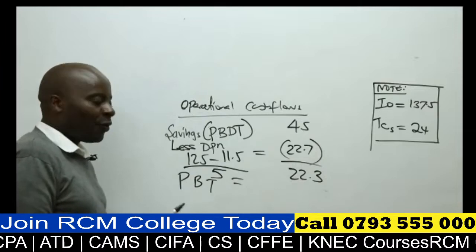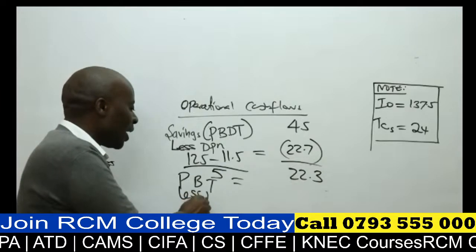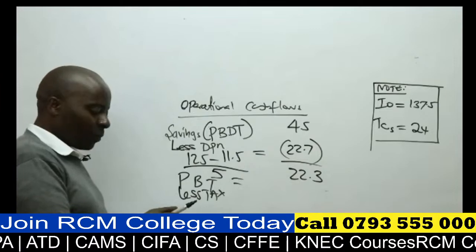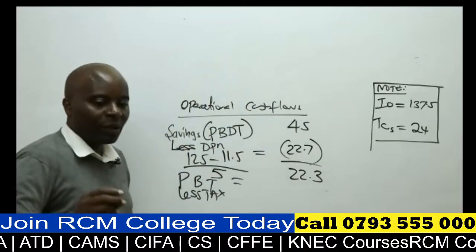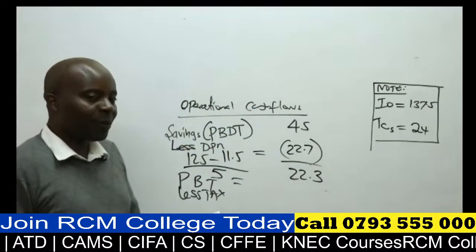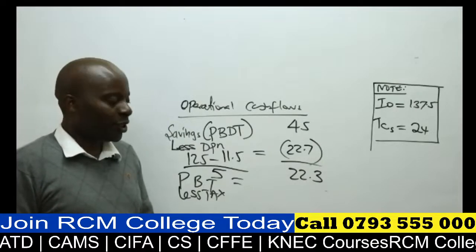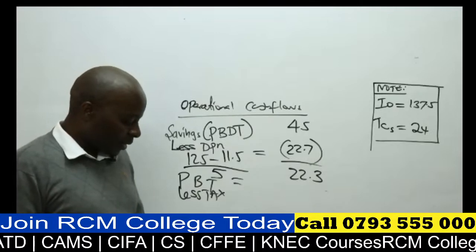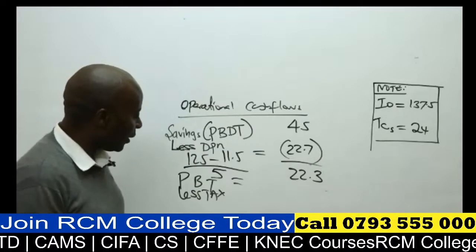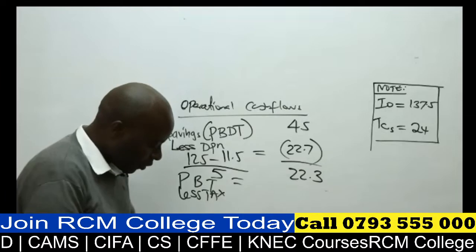Once I get profits before tax, I'll come and less tax. The tax parameter, which has been given in the question, ladies and gentlemen, is 30%. I hope my students are able to see.